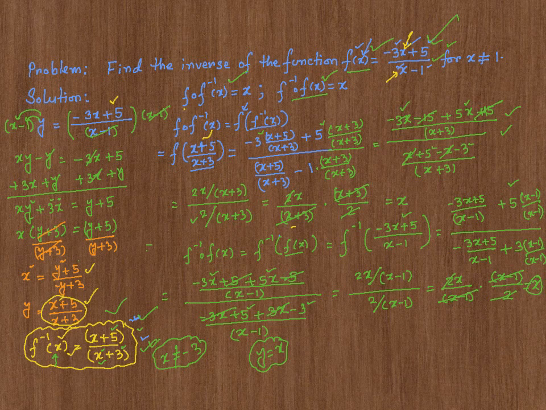Then we do the composition in both directions, and we get x by composing in both directions. That shows that the function we found is in fact the inverse of the given function. And then finally, if you graph these two functions and also graph the line y equals x, you'll see that the graphs of these two functions are reflections or mirror images of each other about the line y equals x.